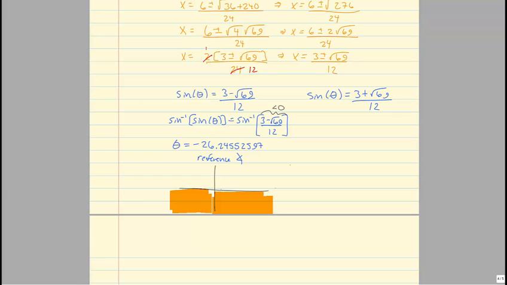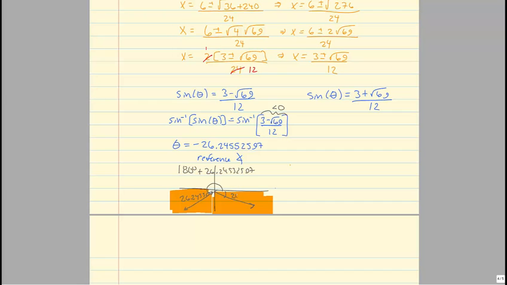Now I need to find the angle that's the reference angle. So I need this reference angle to be the 26.24552597, etc. So that's going to be 180 degrees plus 26.24552597. And then there's going to be another one over here that has that same reference angle.